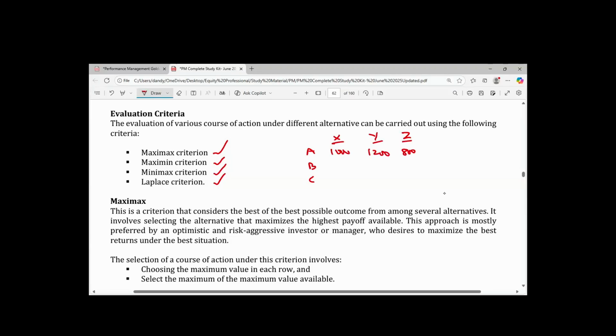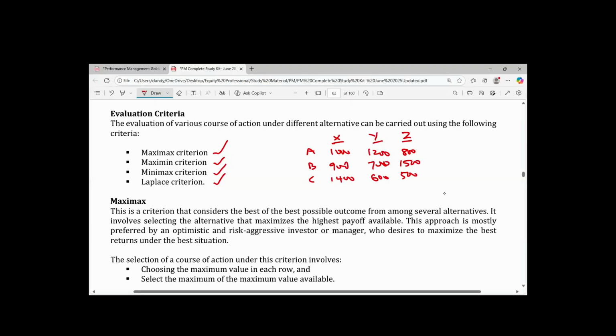Let me just populate it. Here is 900, 700, 1,500, 1,400, 600, then 500.